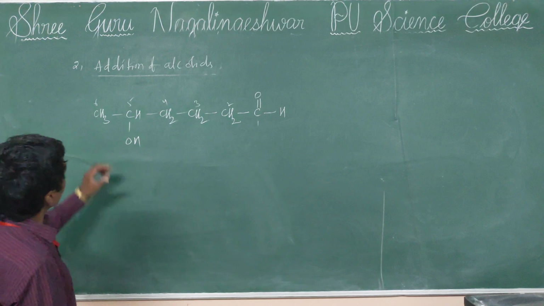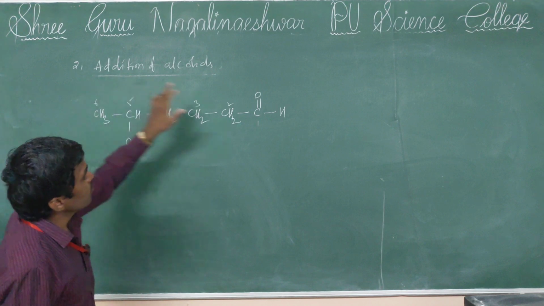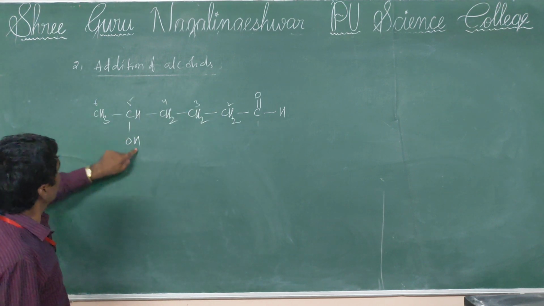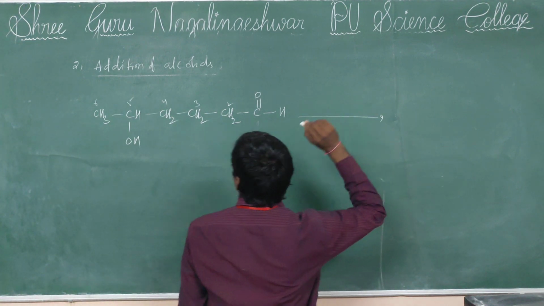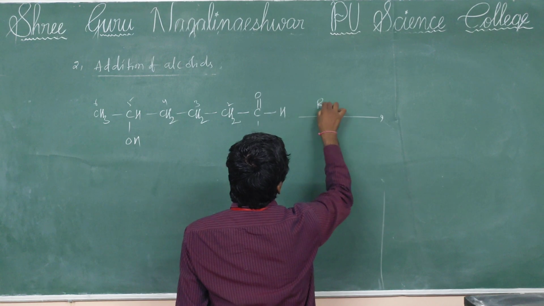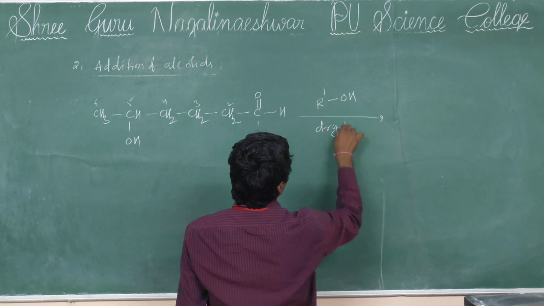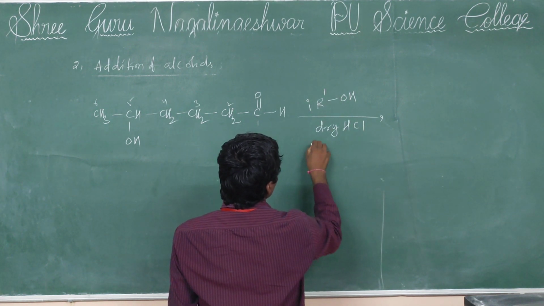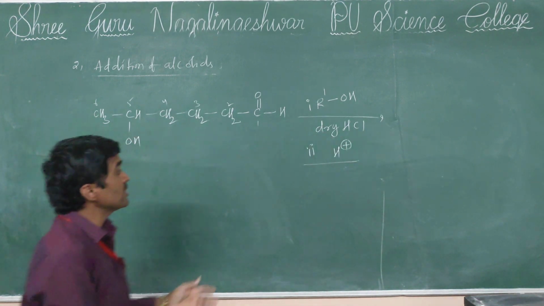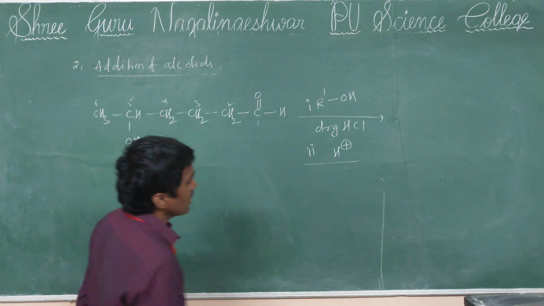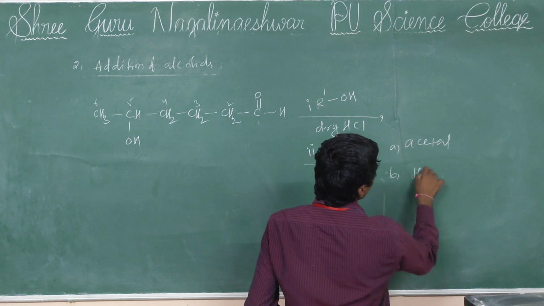So this is 5-hydroxyhexanal, which reacts with alcohol ROH in the presence of dry HCl as the first reagent, and the second reagent H plus. What is the product formed? They are asking acetal or hemiacetal.